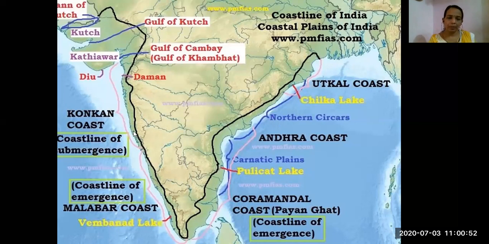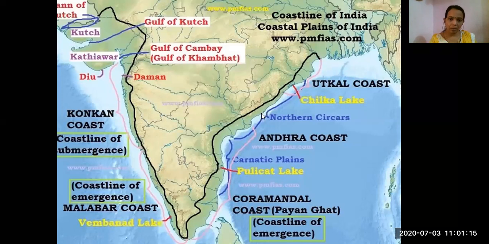If we look at the map, the western plain is narrow, but here the eastern plain is wider. It is again divided into north and south.